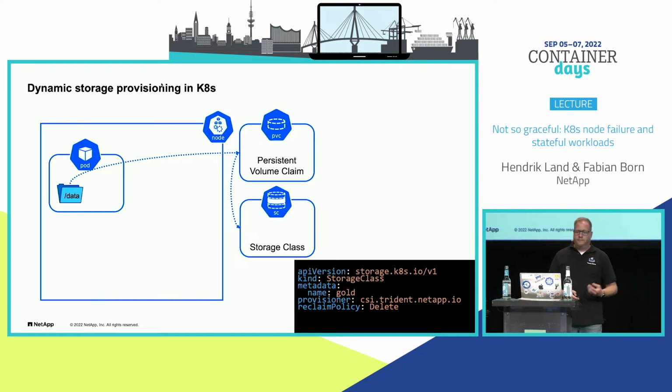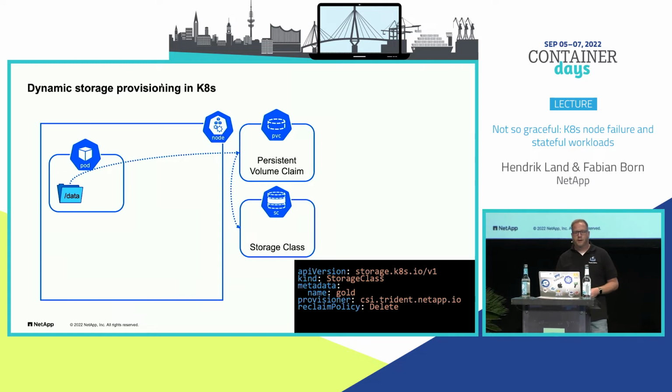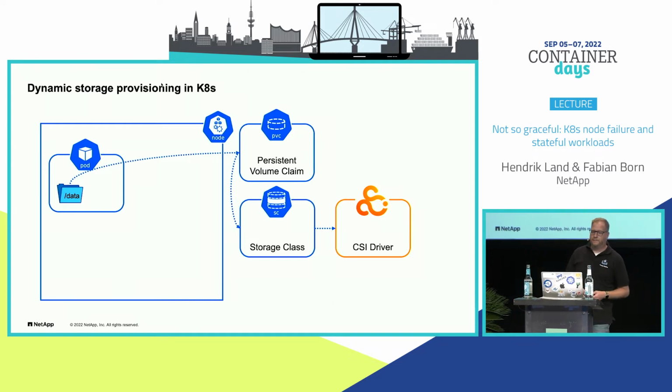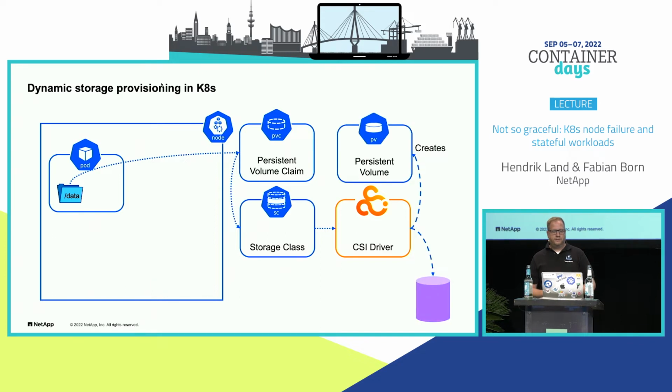And the storage class itself has a CSI provisioner. The CSI provisioner could be, for example, NetApp Trident or the vSphere CSI. The CSI driver itself provisions the volume. It creates the volume on a storage controller or on the vSphere node and binds this to the persistent volume claim later.